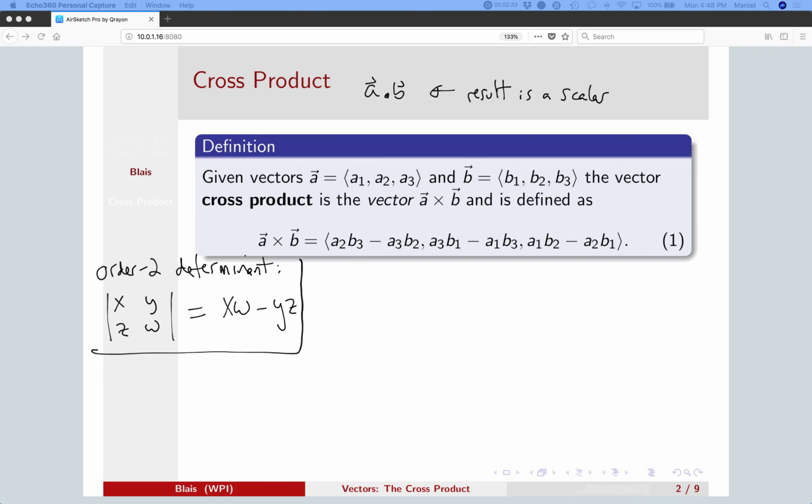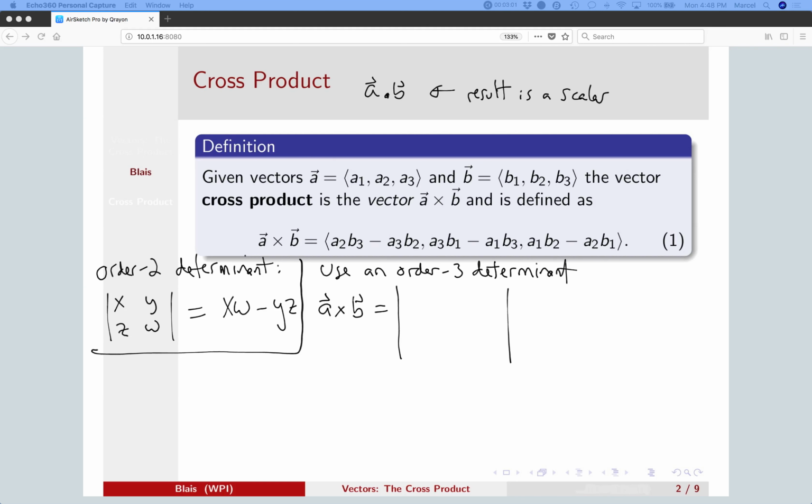And the way we deal with this for a cross product is as follows. We use an order 3 determinant. And it turns out that that cross product formula is exactly equal to this determinant.